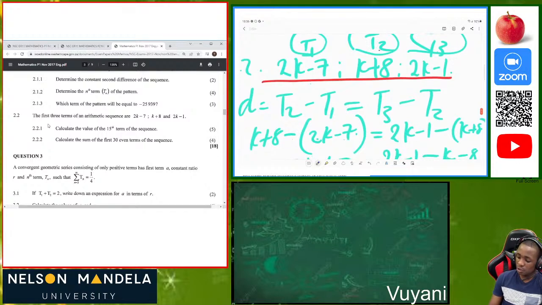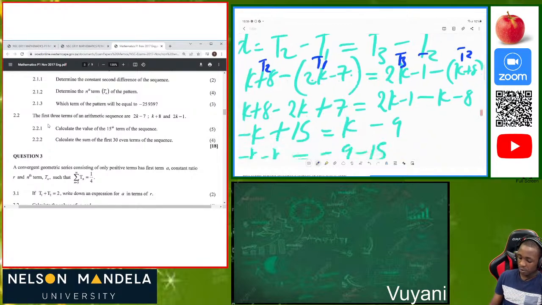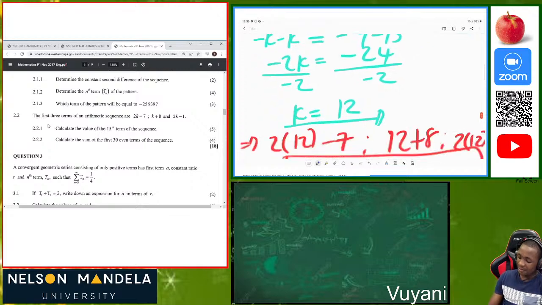I start by saying T2 minus T1 equals T3 minus T2. And bear in mind, don't lose those brackets. They are so essential so that you don't forget that everything in term 1 is being subtracted from term 2. Okay. Then I was able to find the value of k.